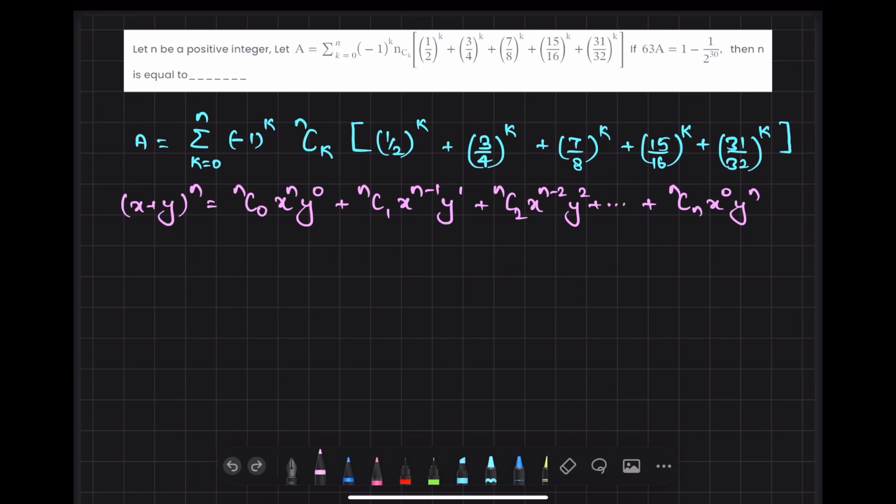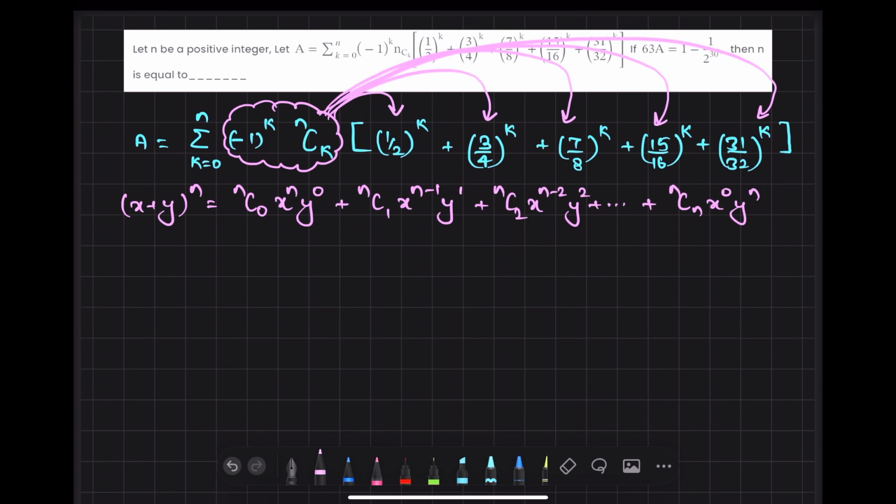Now look at this. You know that you will be multiplying this ugly thing first with this part, next with this part, then with this part, then with this part, and then with this part. So look at this person. This person is having power k, and every element is having power k. So don't you think if power is same, base will be multiplied?